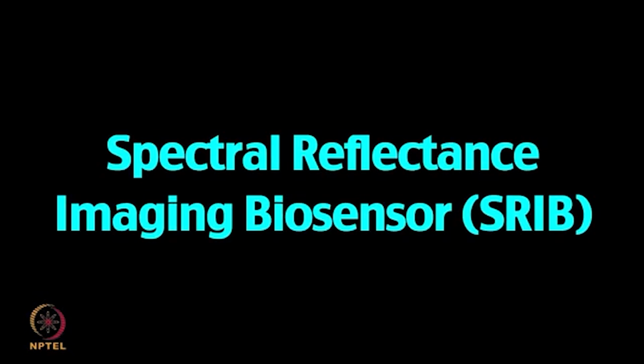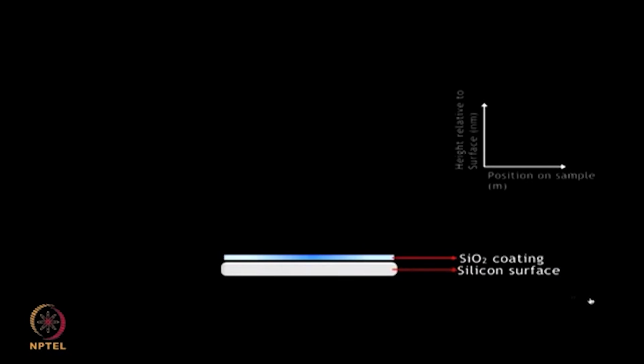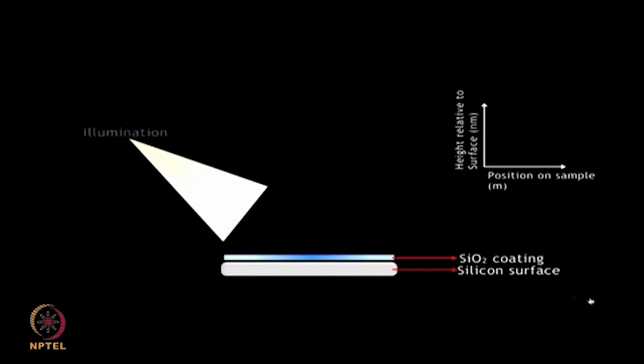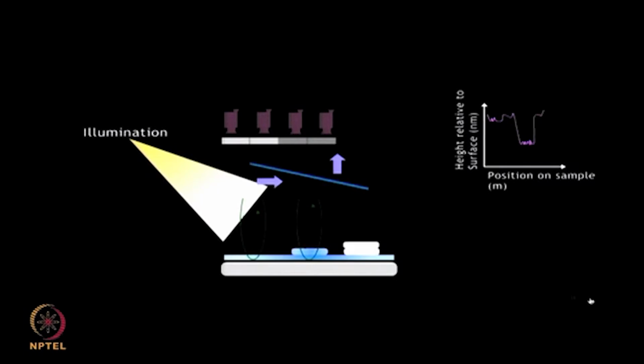A spectral reflectance imaging biosensor or SRIB. In the SRIB technique, a silicon dioxide coated silicon surface is functionalized with biomolecules of interest. The magnitude of total reflected light at a particular wavelength depends entirely on the optical path length difference or OPD between the top surface and the silicon dioxide silicon interface.